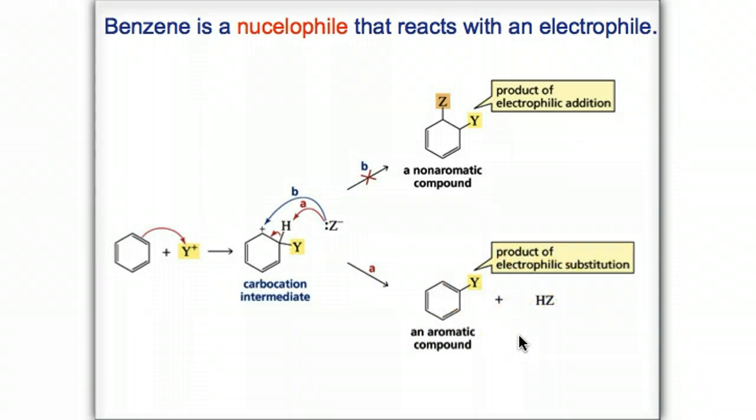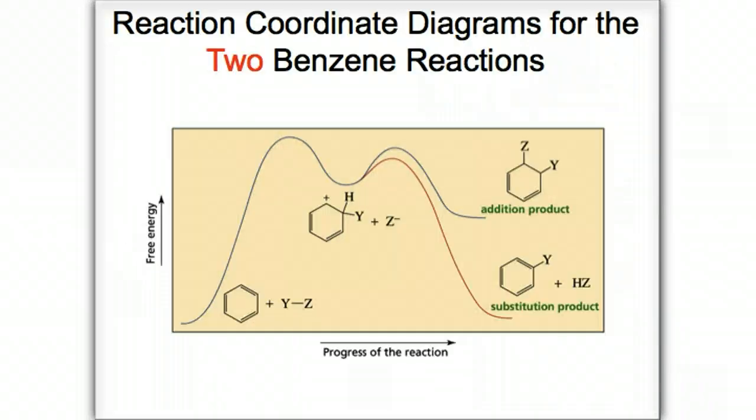Let's look at the reaction coordinate diagrams for these two reactions on the next slide. You can see on the left we have the reactants, on the right we have the products. The addition product is much higher in energy, not as stable, it's non-aromatic, as opposed to the substitution product, which is more stable and aromatic.